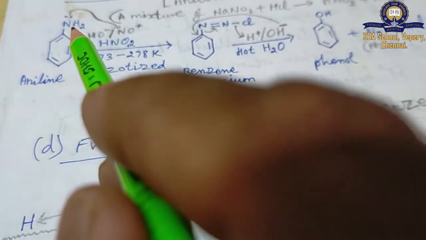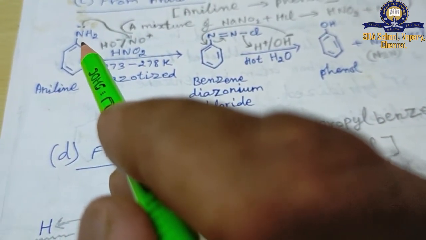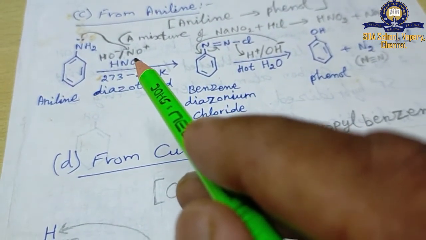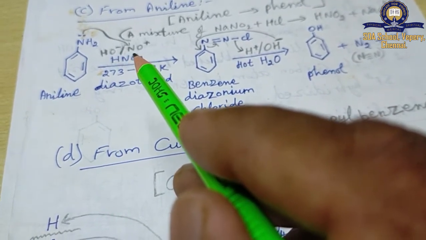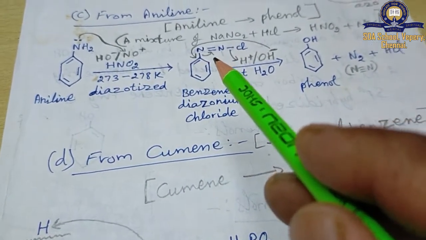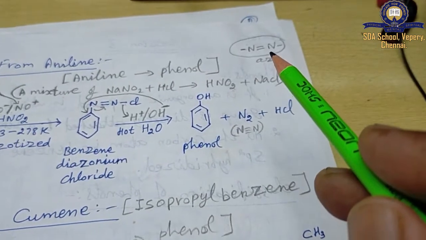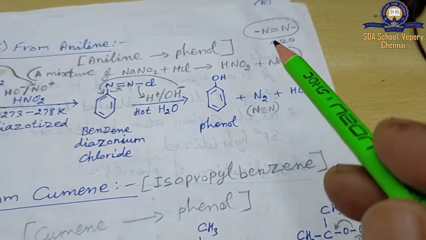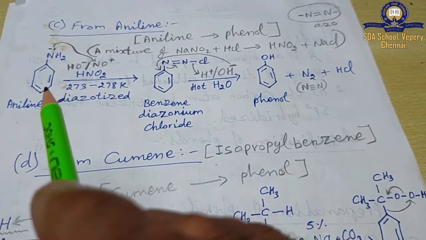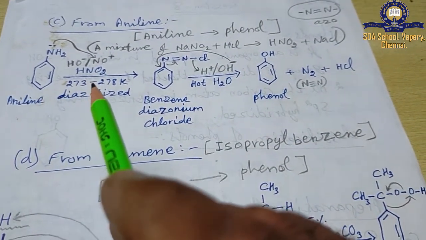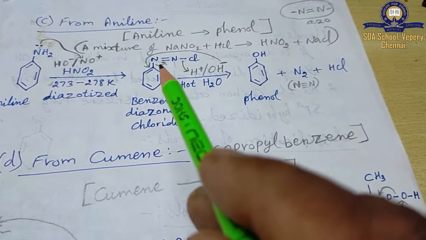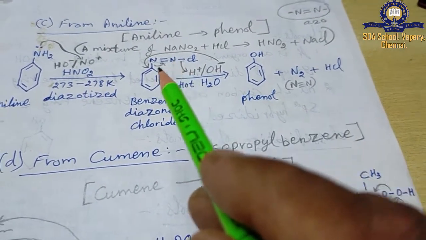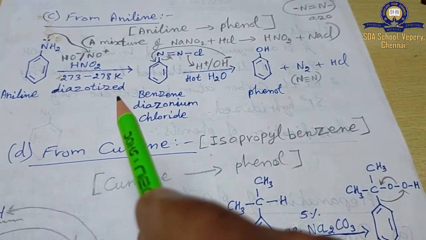So between the nitrogen of the amino group and the NO plus group, an N double bond N system is formed. This N double bond N system is referred to as the azo group. So aniline and nitrous acid lead to formation of the N double bond N system. This is referred to as diazotization.